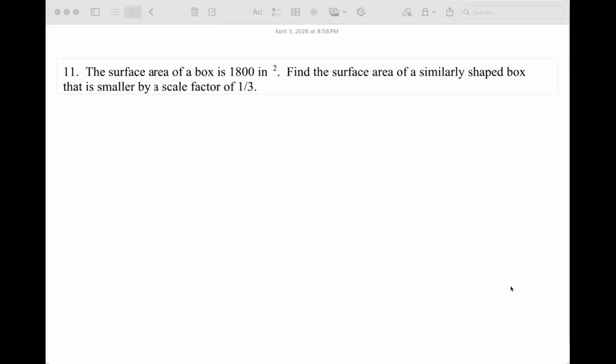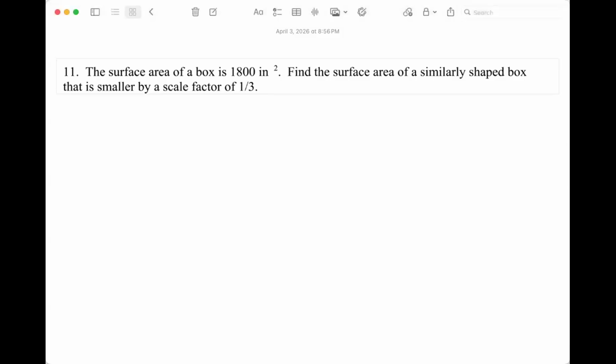Do we just divide by 3 to find the answer? Not really, right? The scale factor is 1 by 3. So what do you do? They want you to find the surface area.